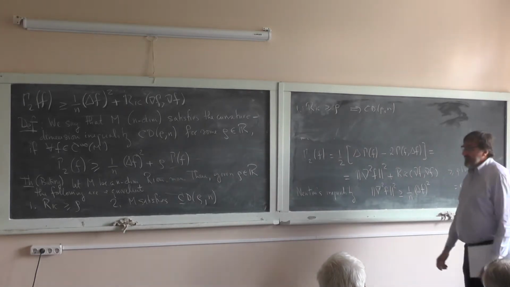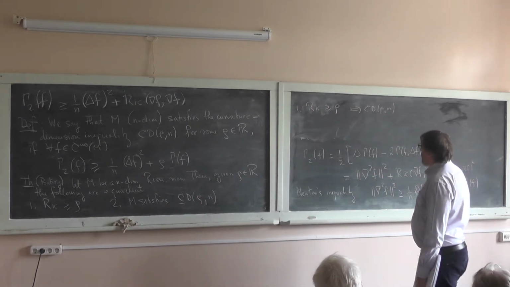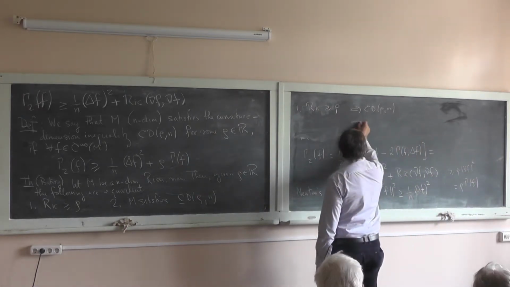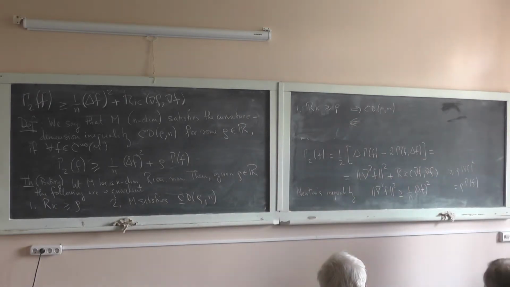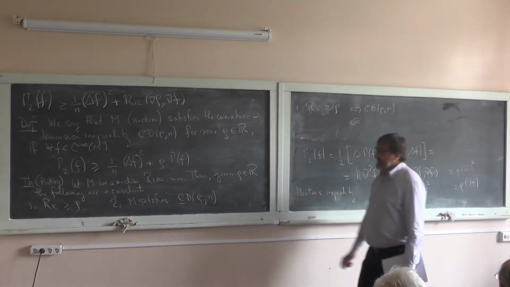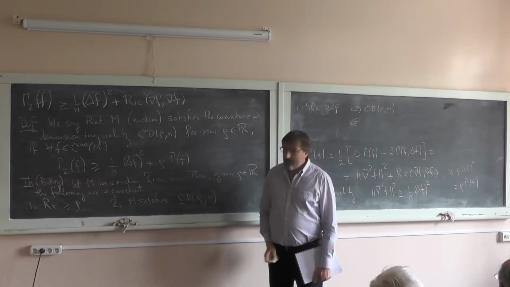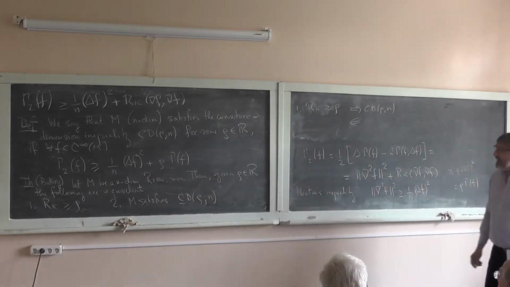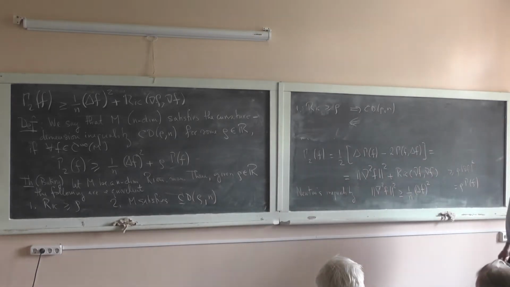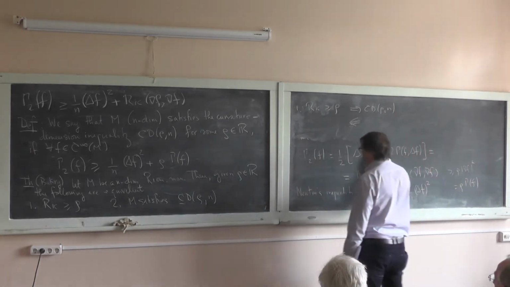So the other implication is a little bit more interesting. So let me show you now this implication here. So let's suppose that the manifold satisfies this inequality on smooth functions. Let's show that Ricci has to be bigger than or equal to rho. Well, in order to show that, what do we need to do?